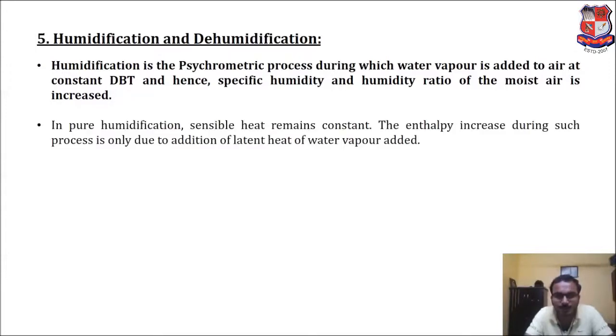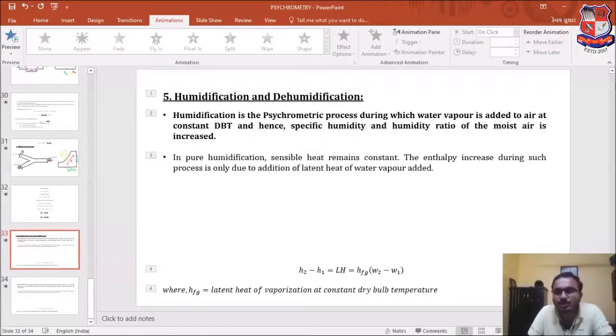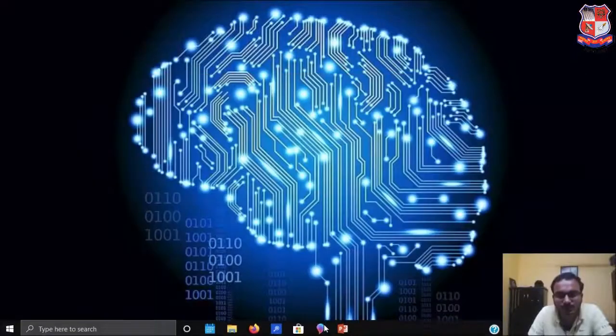And in pure humidification, sensible heat remains constant. The enthalpy increase during such a process is only due to the addition of latent heat of water vapor which is added. Now we will try to understand this with a figure.